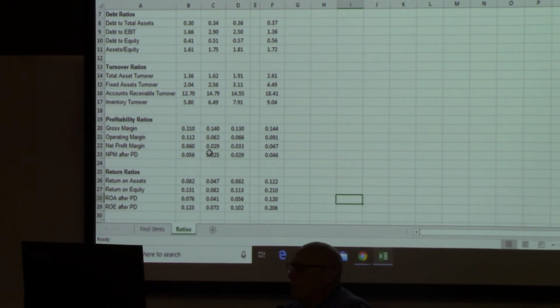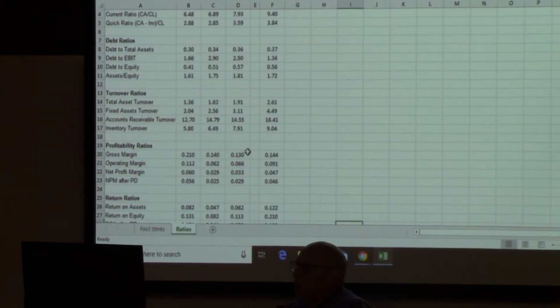The net profit margin went down and came back up a little bit, but it's still half of what it used to be. After the preferred dividends, the net margin is still down, and so the margins compared to the industry do not look good, particularly the operating margin and the net margin after paying preferred dividends. So the margins aren't good for the company. They went down, looks like they're coming back up a little bit, but they've got a long way to go.